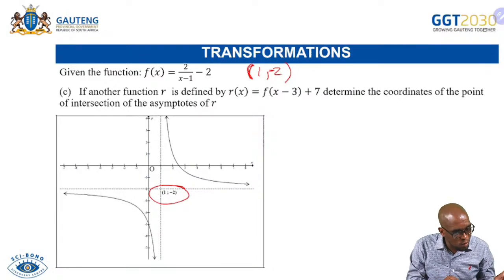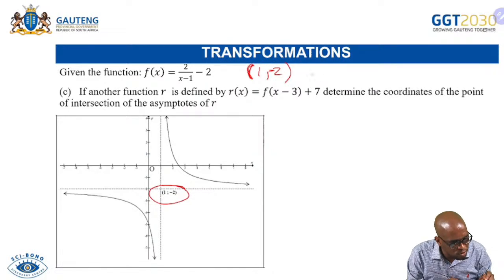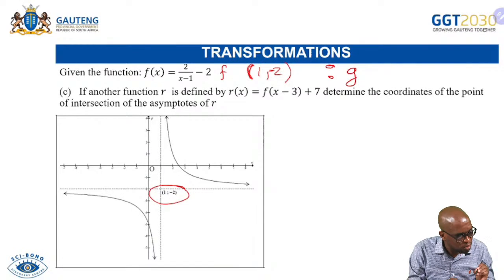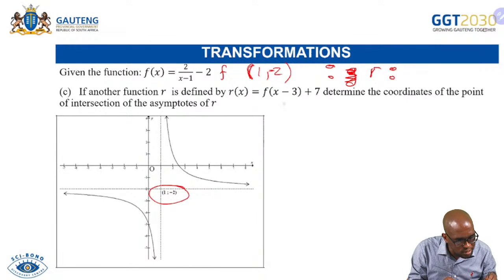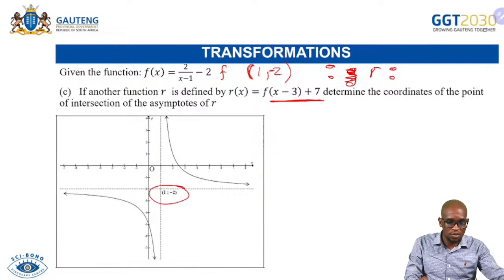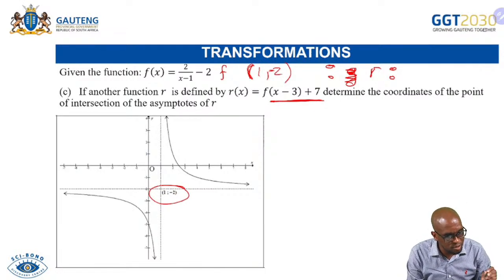Now, if we want to get the point of intersection for g, this is for f, if we want to get it for g, in this case it is r, not g. If we want to get it for r, what should we do? We should move these points according to the transformation that is given. That is method A. So what is the transformation?